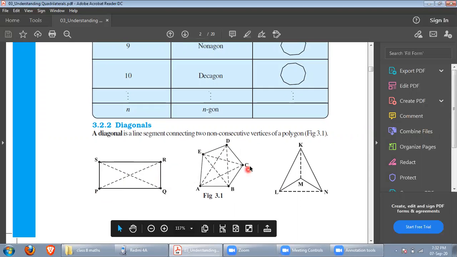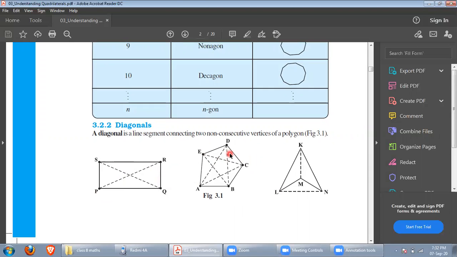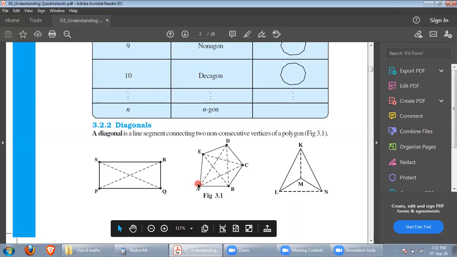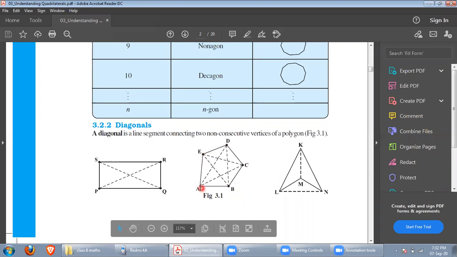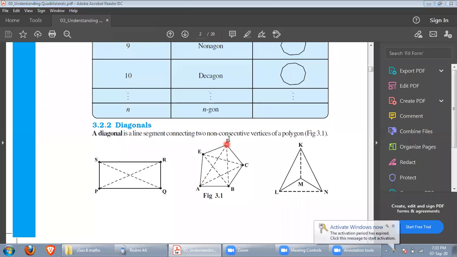Let's look at the pentagon. How many diagonals can it have? D will join with A, D will join with B. So DA and DB. Then E: EC and EB. Then A: AD is already completed, because we have done DA.